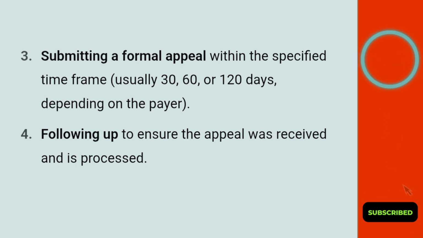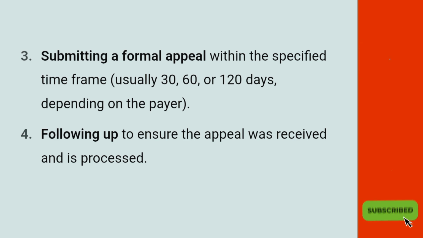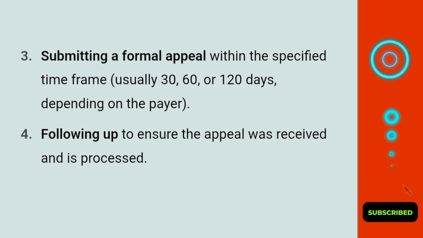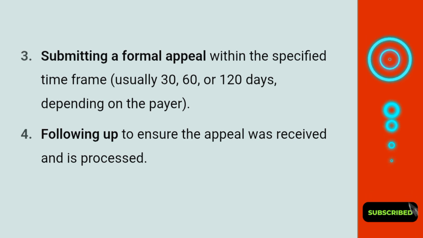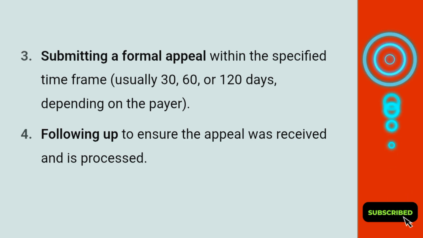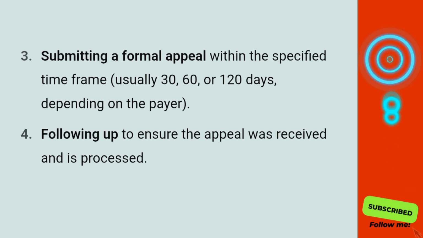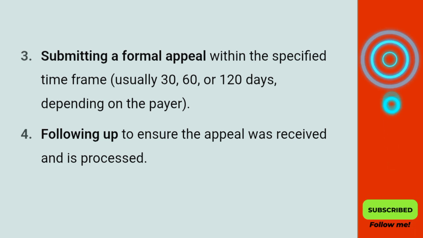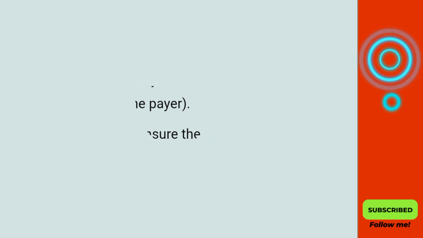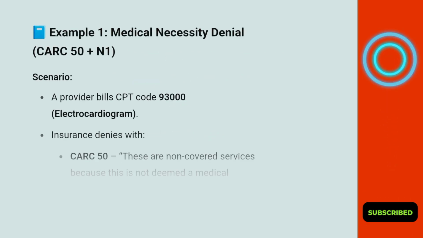So the third step is telling you that you have to submit the formal appeal, and also see how many days the insurance allows to file the appeal, what the timely filing limit is for certain denials received in the ERA and EOB. And then after filing the appeal, you have to follow up that the appeal was received by the insurance or not. That is also a necessary part of it.